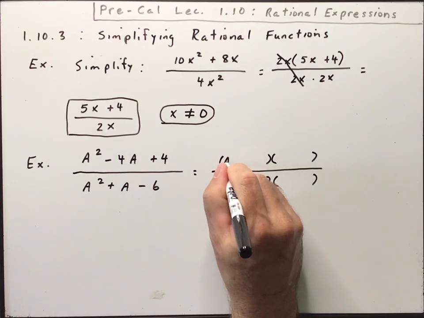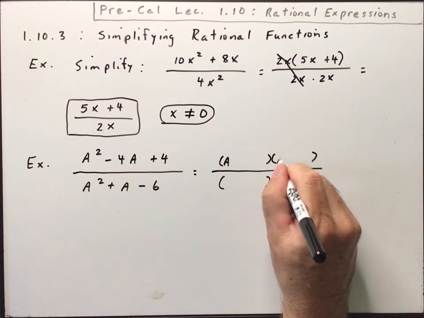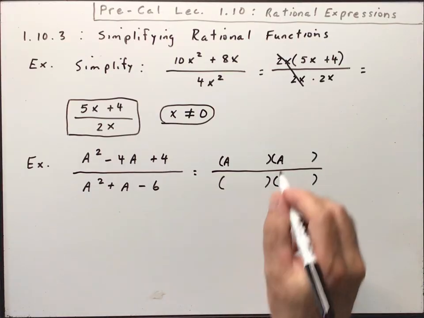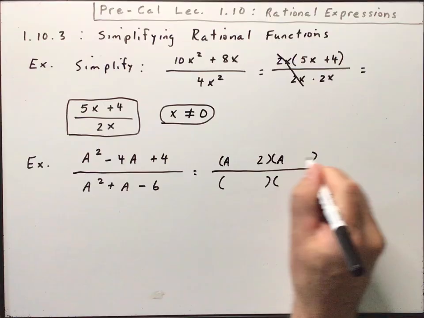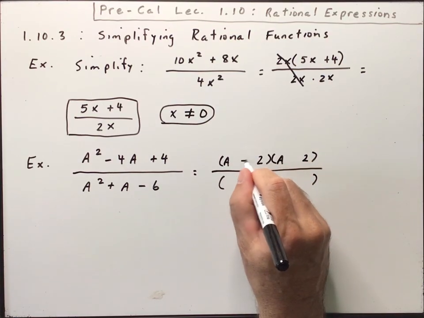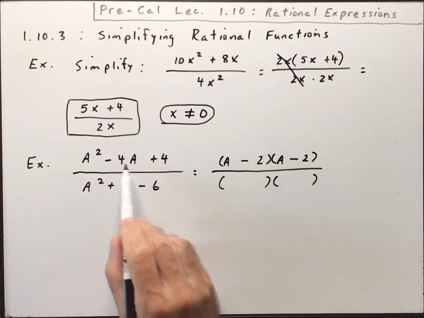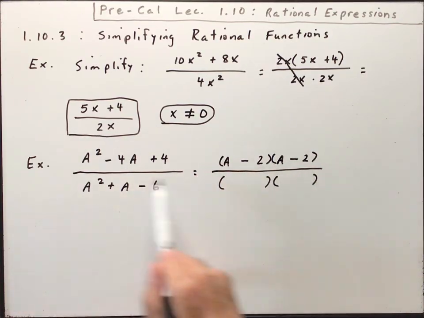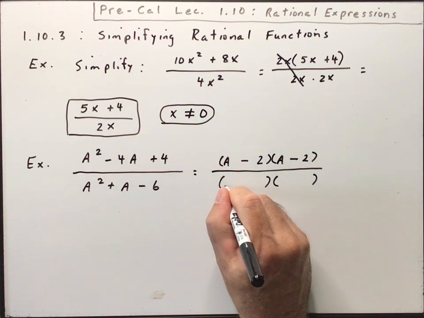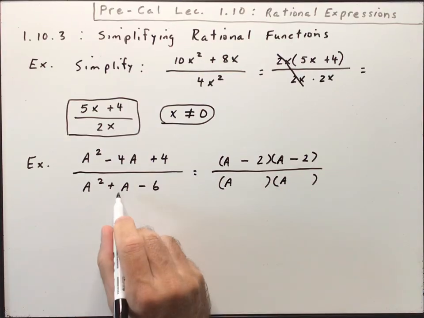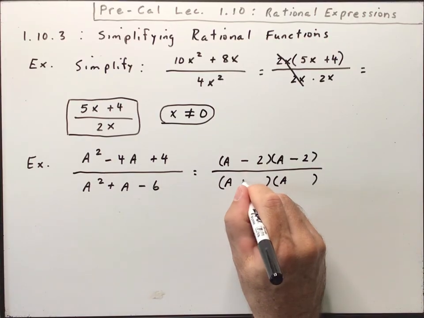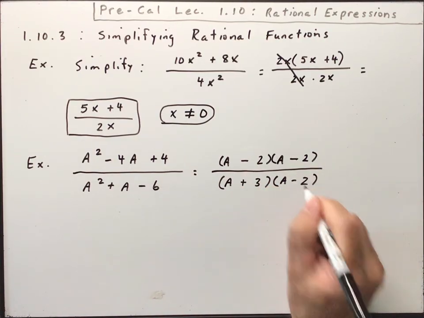So we know it's going to be an A and an A, and then it'll either be 4 and 1 or 2 and 2, and I believe if I make it 2 and 2, and I make it minus and minus, then I would have a squared minus 2a would give you minus 4a, and then negative 2 times negative 2 is positive 4. All right, and the bottom, I've got a and a. I need a 1 in the middle, so I'm going to use 3 and 2. So how about plus 3 minus 2?